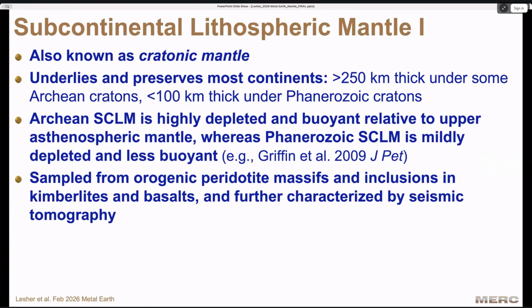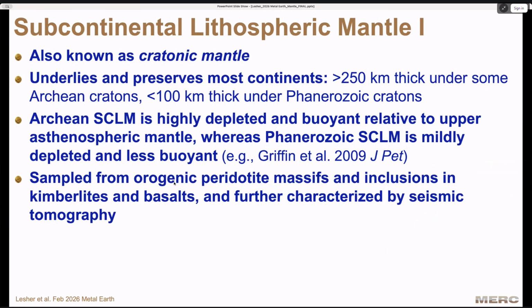So I mentioned some of this in the other slide. It's highly depleted and buoyant, whereas the Phanerozoic, actually, this is the Archean, is mildly depleted and a little less buoyant. And that's because when you made more modern rocks, you don't melt as much of them. You don't make komatiites anymore, or at least not very often.